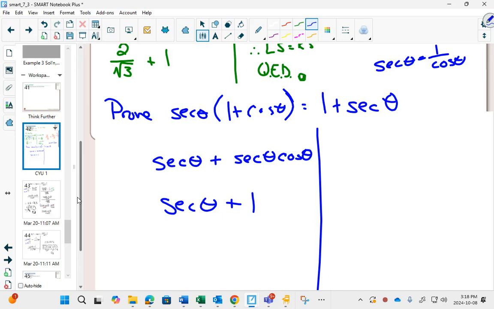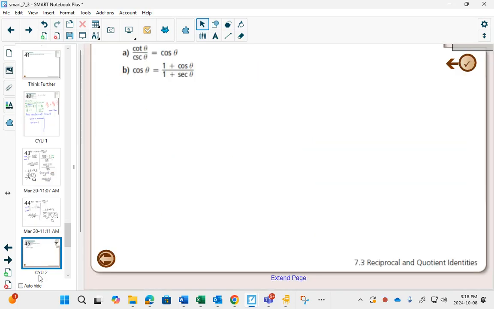I had a final exam. Let's just pretend this was the proof. Let's pretend this one, part B, was a proof on a final exam. I had a student once write, ladies and gentlemen, okay, it is obvious that cos theta equals 1 plus cos theta over 1 plus secant theta. So their proof looked like this.